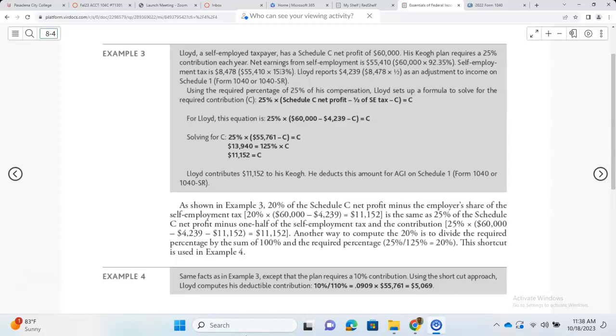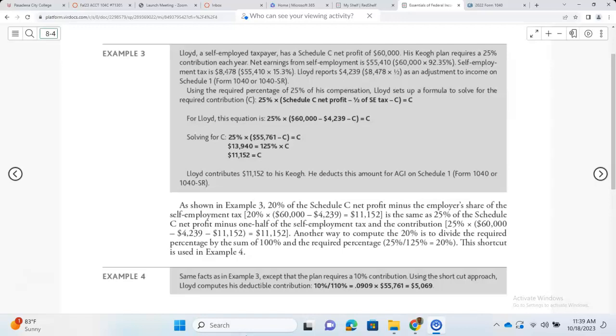But 15.3% of what? 15.3% of the net profit after reduction of half of self-employment tax.